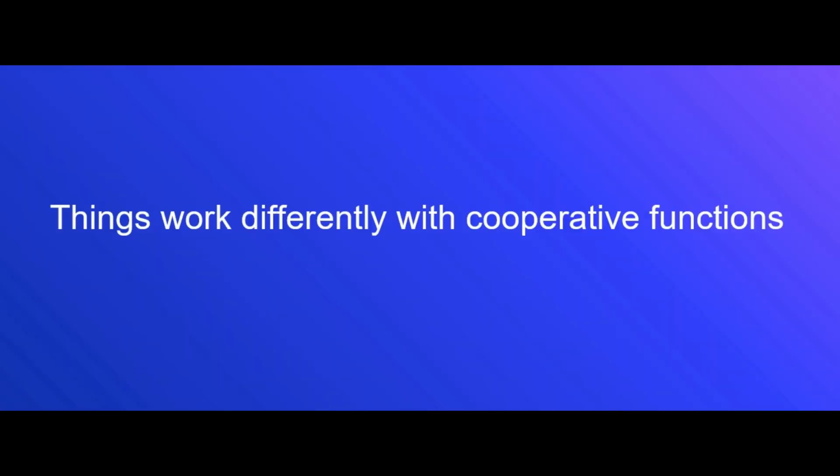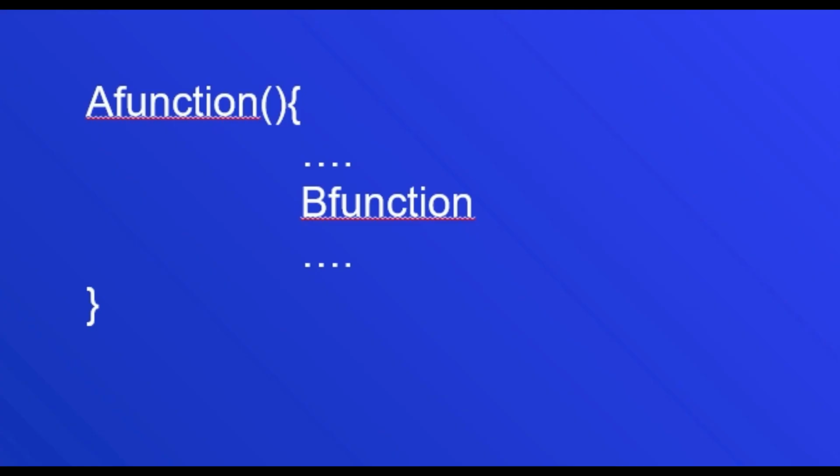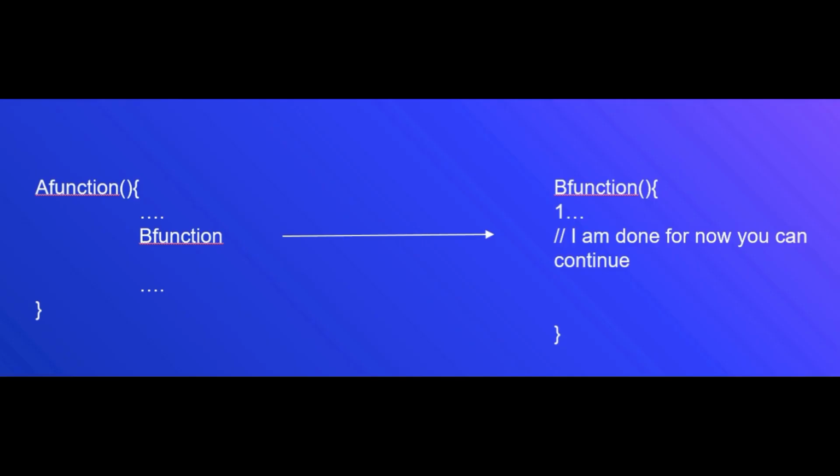However, things work differently with cooperative functions. With cooperative functions, if we have A function calling B function, the control will be transferred to B function. B function will do some of the job and it will say, "I'm done for now, you can continue."